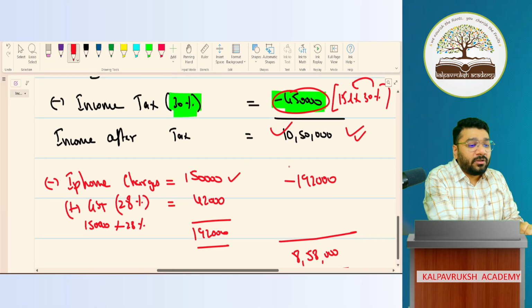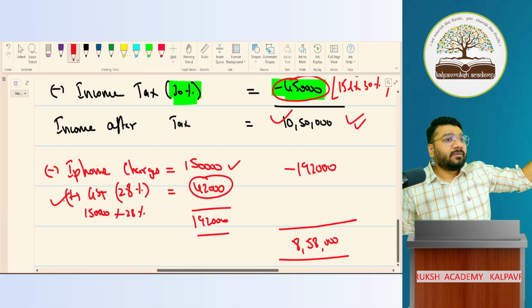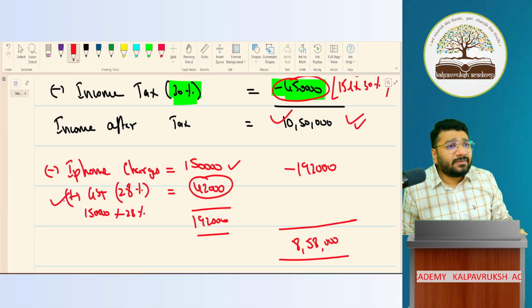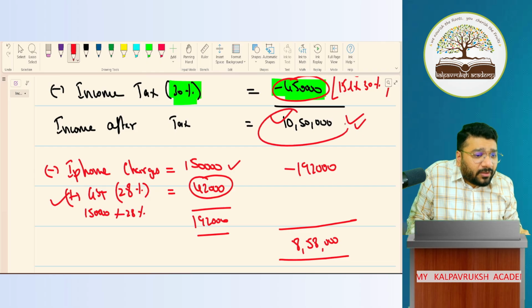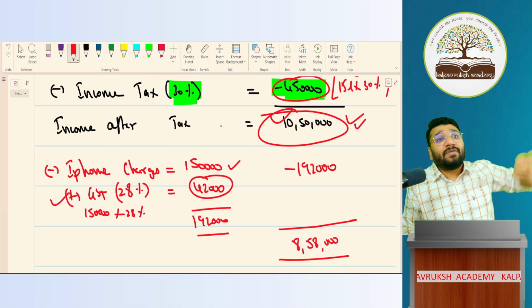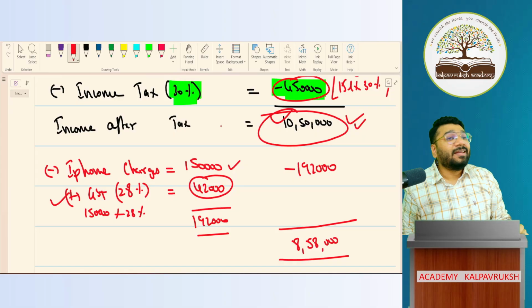Now this 42,000 GST that you pay, this is also tax. From where did you pay this 42,000 tax, boss? Out of this 1050 only, no? So on an income on which a tax is already directly paid, on the same income again we are paying GST.